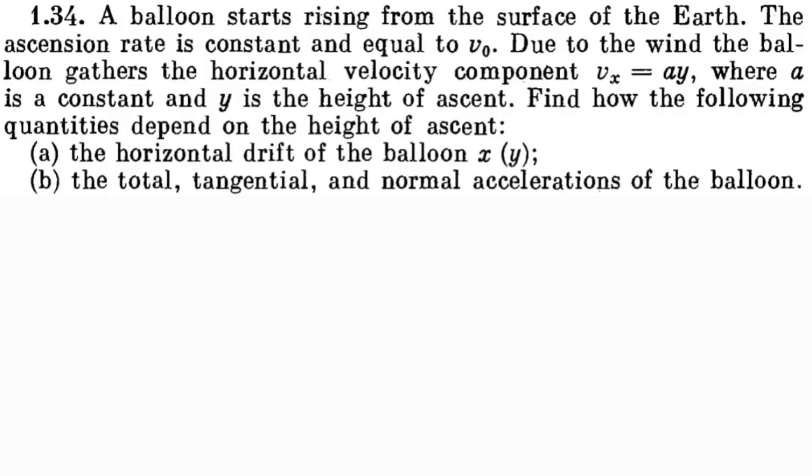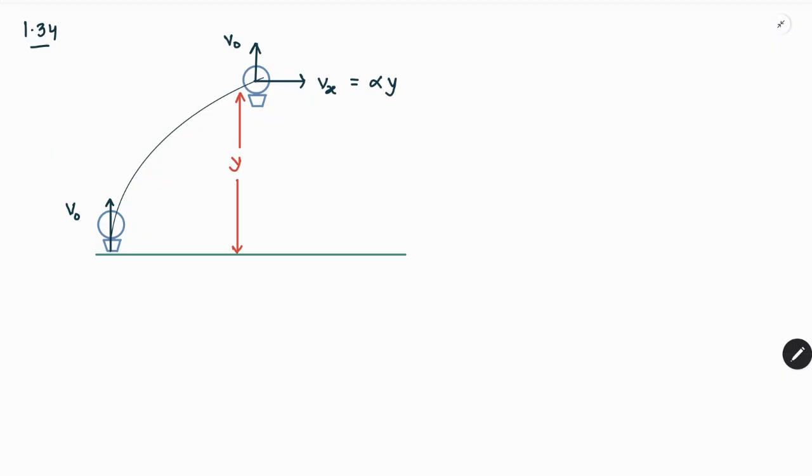So let us start solving this problem first by understanding the diagrammatic situation. We can consider this situation diagrammatically like this. Over here at t equal to 0, when y is equal to 0, that is at the starting of motion, the balloon is ascending with a velocity v0.